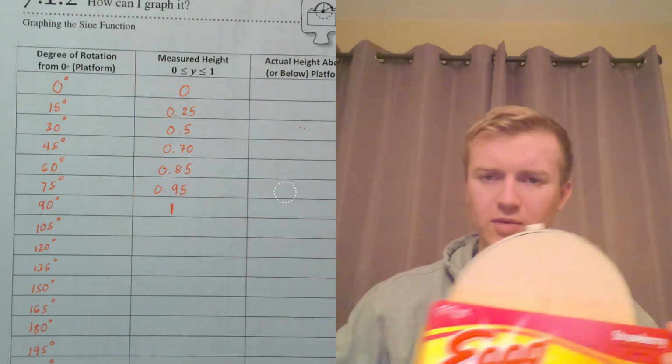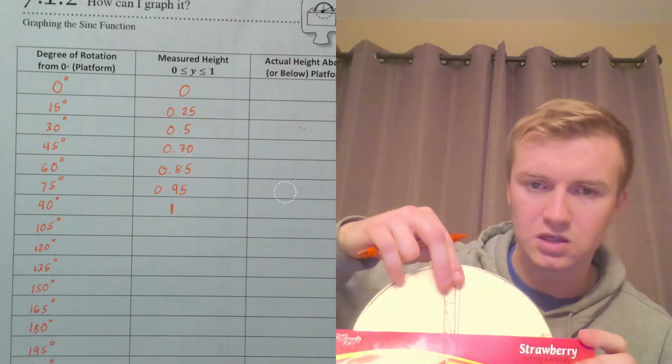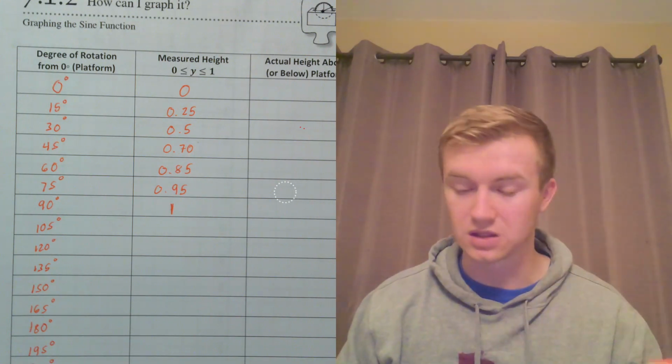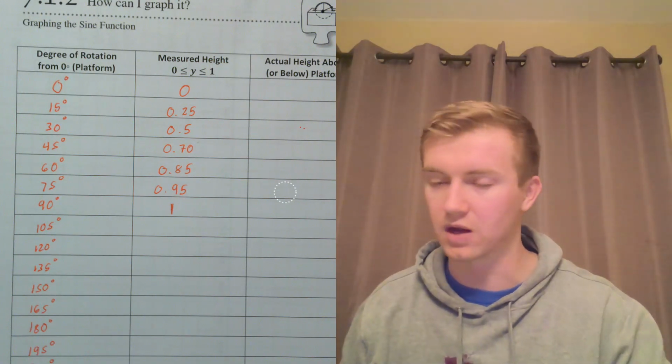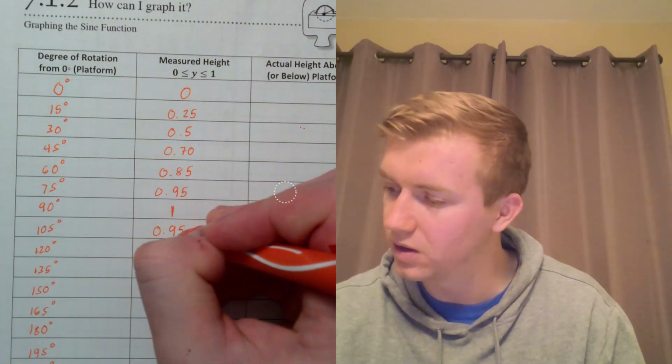So in this case, if I measure this and I look really closely, you're going to probably notice a value that's really close to, or in this case exactly like, the 75-degree angle. And this is probably going to be about 0.95.